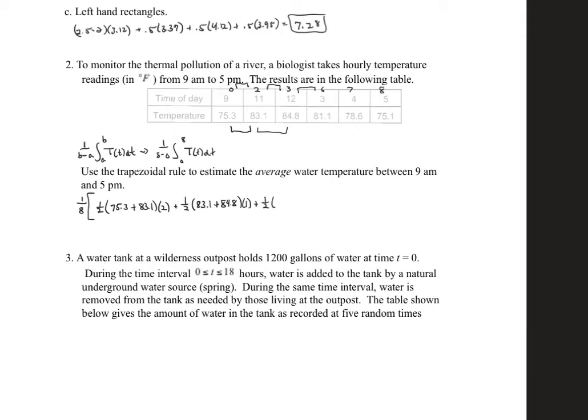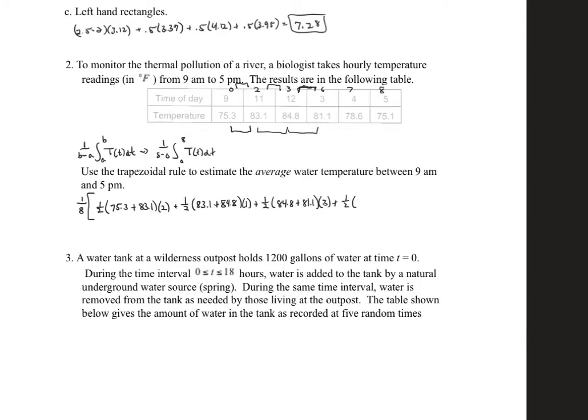Our next trapezoid will be 1/2, and now we're going to add these bases. So that's going to be 84.8, which we've seen once before, plus the 81.1, and this time our delta t is going to be a difference of 3 hours, so we're going to put that down as a 3.